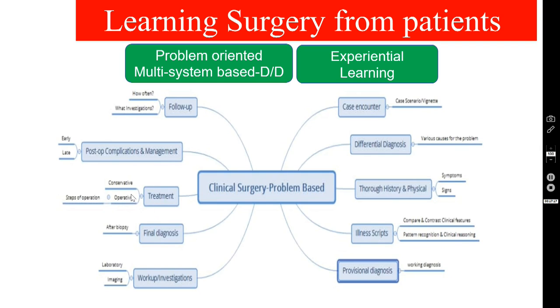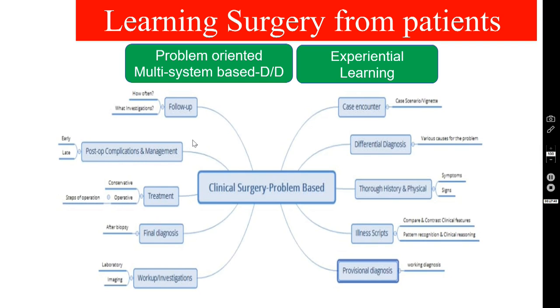If it is operative treatment, as a surgeon, you should know what are the various steps of this procedure. Step by step, you should know how to do the various surgeries. And then post-op complications and their management also, you must know both the early and late complications.